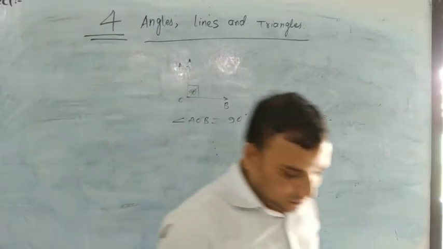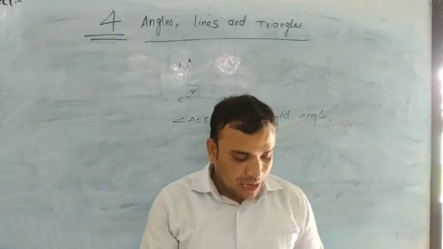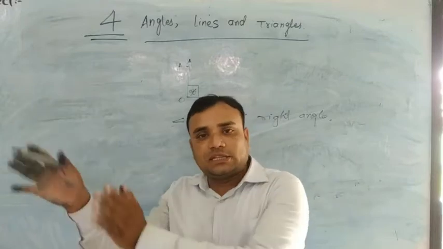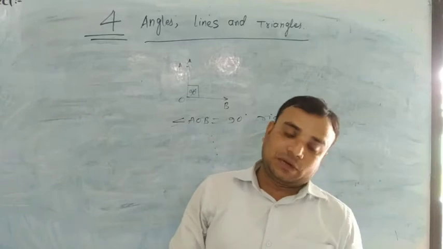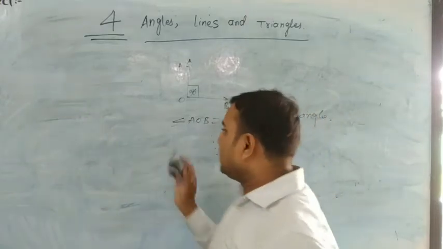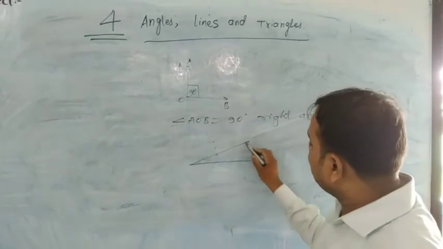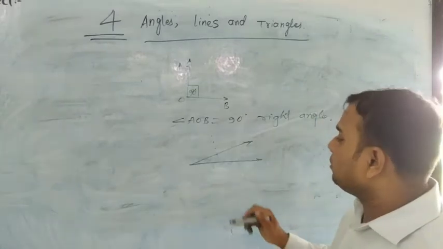Next is the acute angle. An angle whose measure is more than 0 degrees but less than 90 degrees is called an acute angle. That means angle AOP having a measurement of 30 degrees is an acute angle.